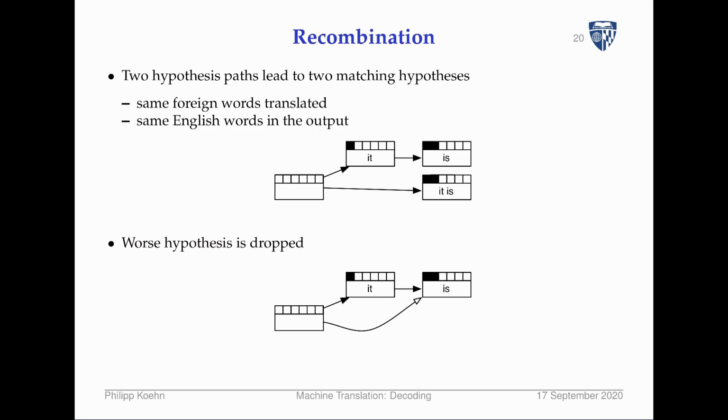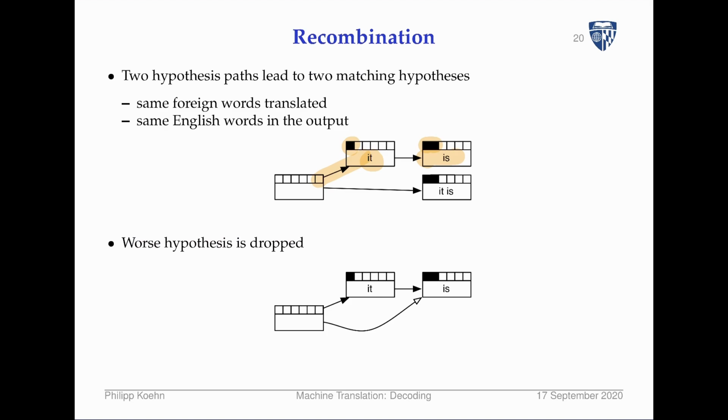Here's the basic idea behind recombination. Especially with the way we conceptualize the phrase-based model, it is possible to produce the same output in multiple ways. We could first translate the word it from the first German word, and then produce the word is from the second German word.